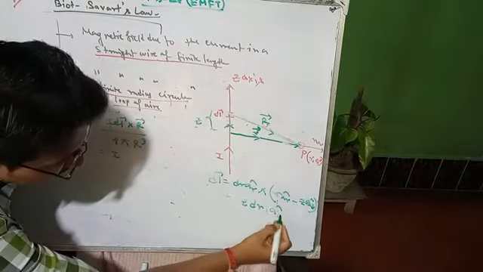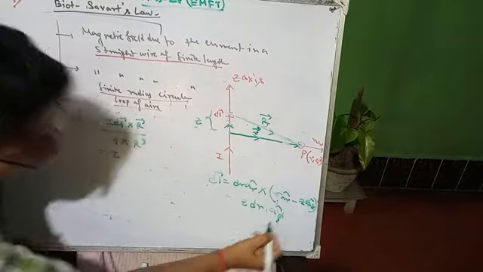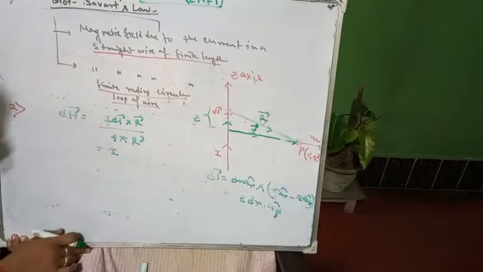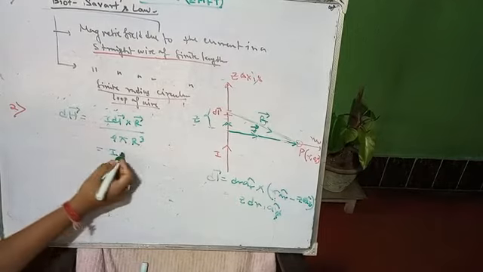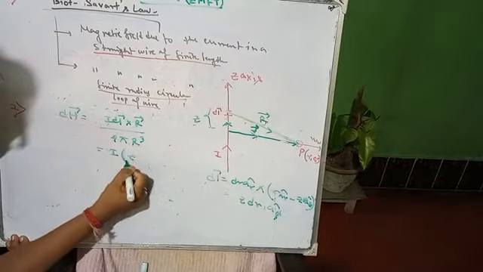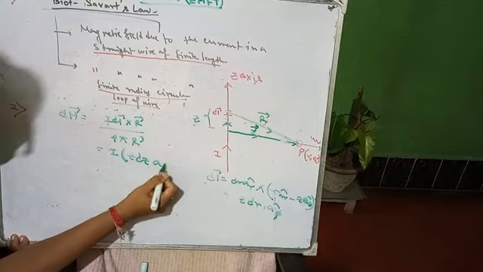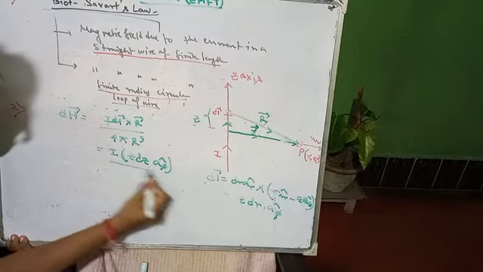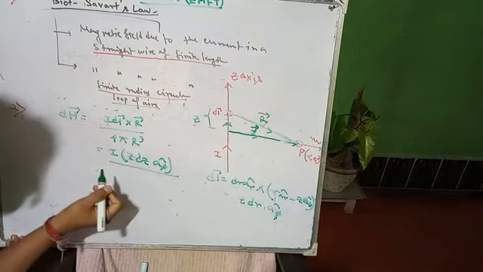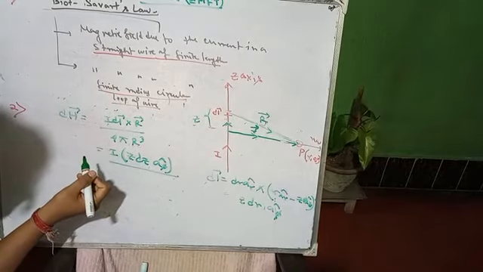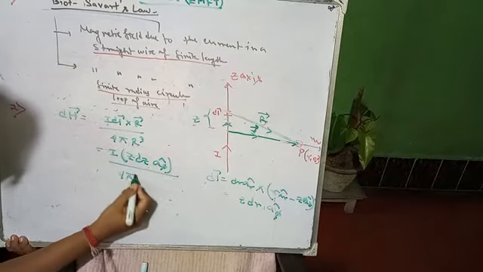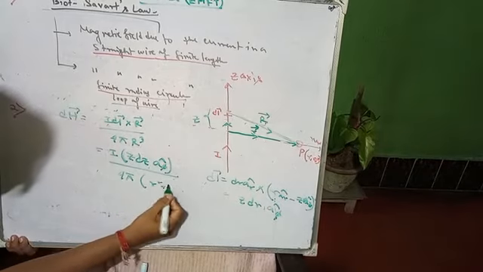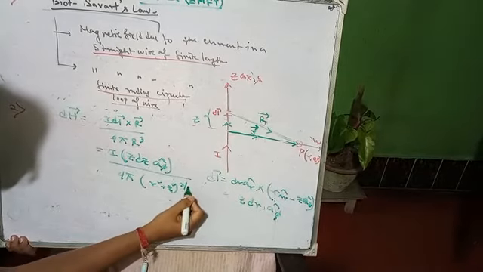Sorry, ar cap cross az cap will be minus a phi cap, since we are taking cylindrical coordinates rho, phi, z. So we get I r dz a phi cap divided by 4 pi and R cube, which means r square plus z square to the power 3 by 2.